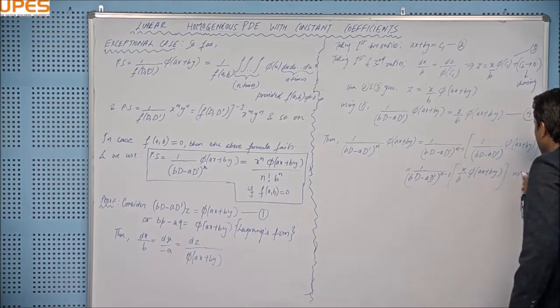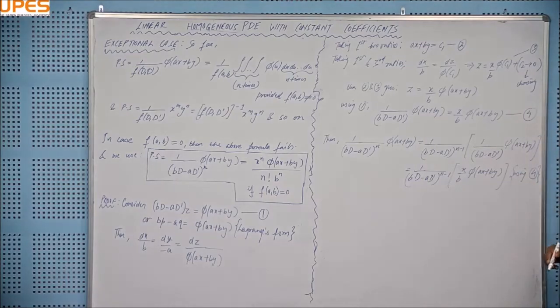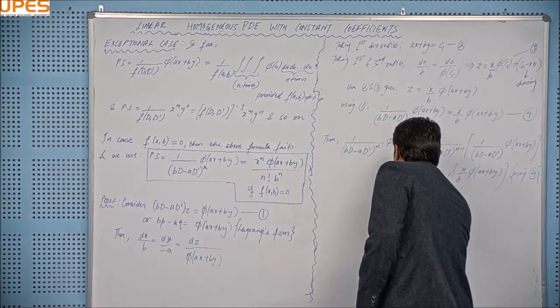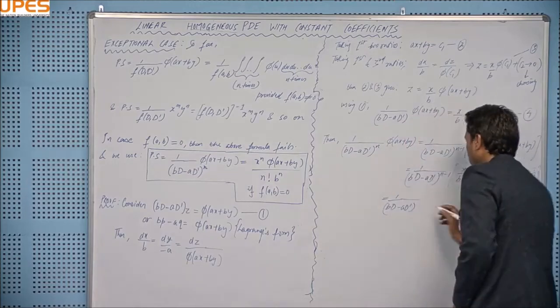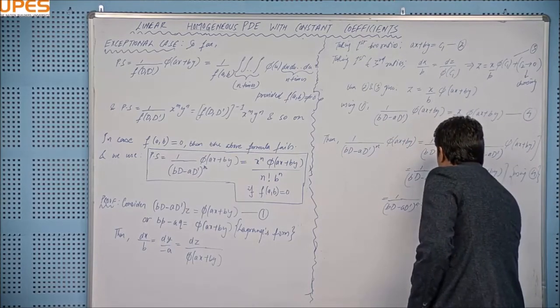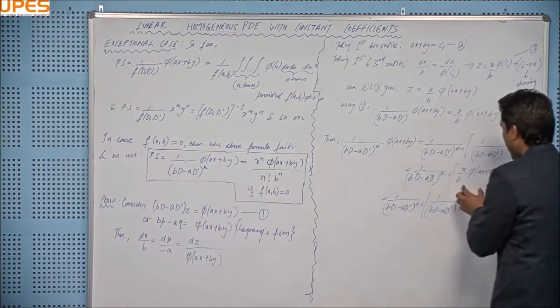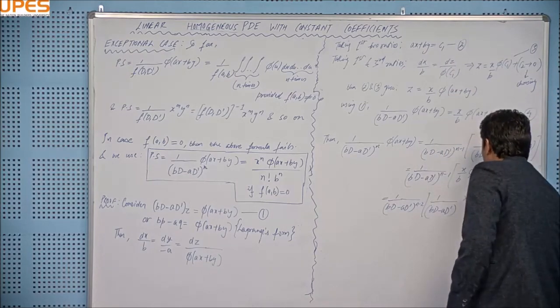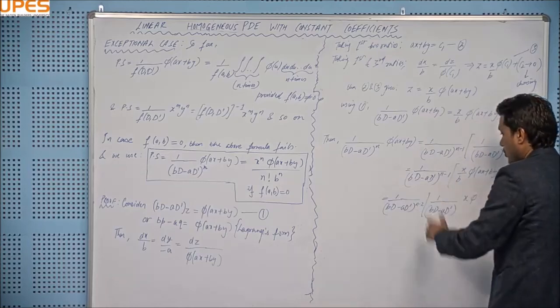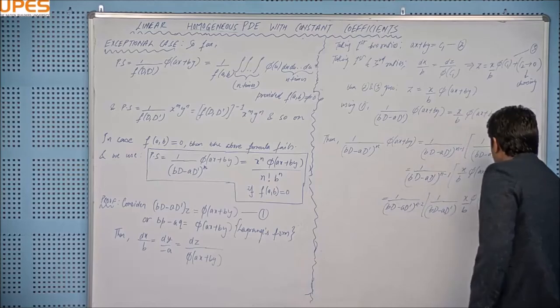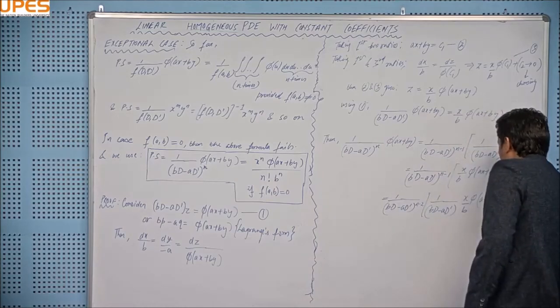Now I have to find 1 upon bd minus a d dash, and I split this power again: n minus 2 and 1 upon bd minus a d dash to the power 1, operated on this x phi, and the small b, take this b outside, phi ax plus by.